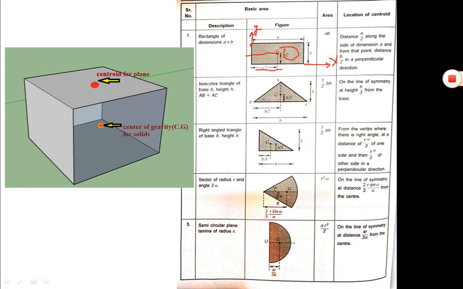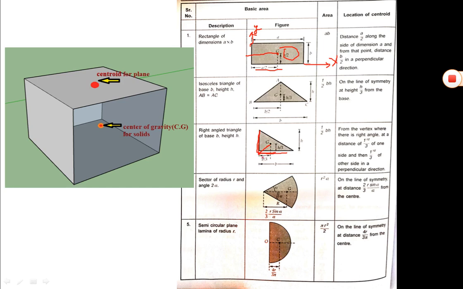So now come to a right angle triangle. If you look here, you can see the right angle here. For a right angle triangle, you need to take the centroid distance from the right angle edges.